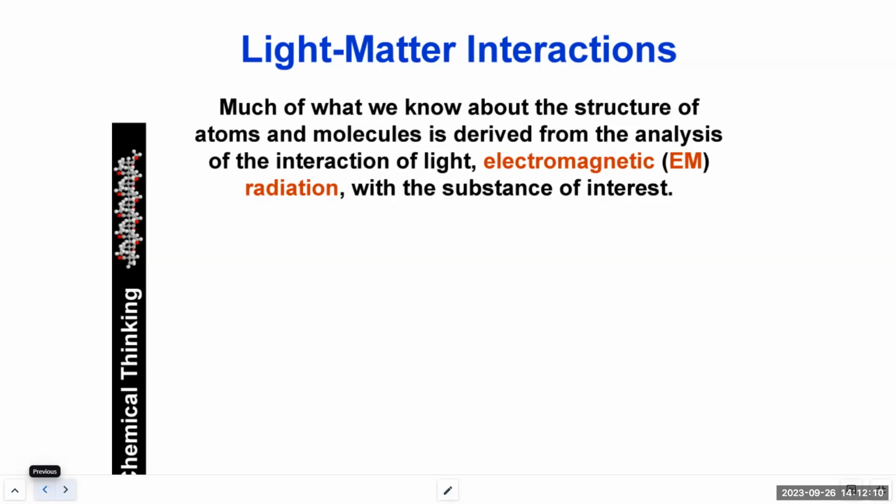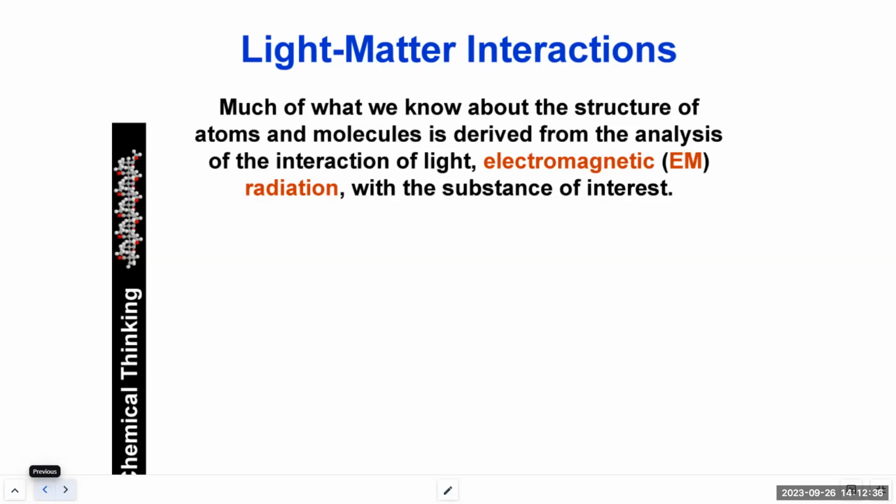Interactions between light and matter can come in different flavors, like reflection, refraction, diffraction, or many forms like that. But when it comes to light-matter interactions, for our case, we will be focusing on light absorption and light emission by matter to understand the structure of the particle.